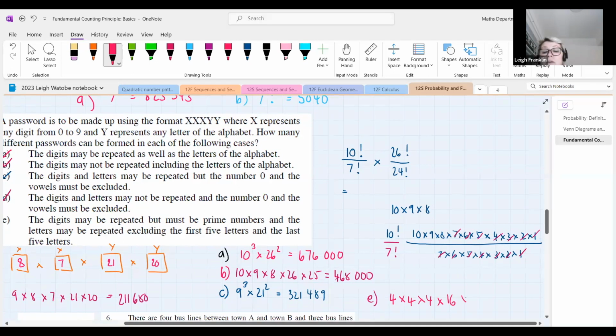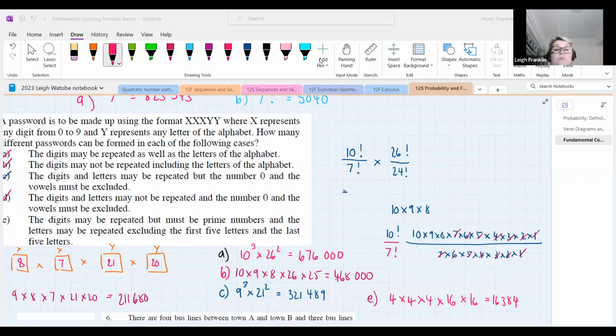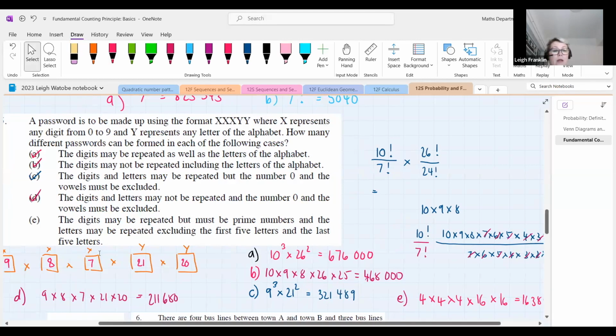But because we're allowed to repeat, we can have by 16 again. So 4 cubed times 16 squared. Okay, so 16,384, which I think is what you guys were. Yes. Yes, Katleho. Okay, Jude, that's correct. Okay, we all happy with that? Are we all thumbs up?